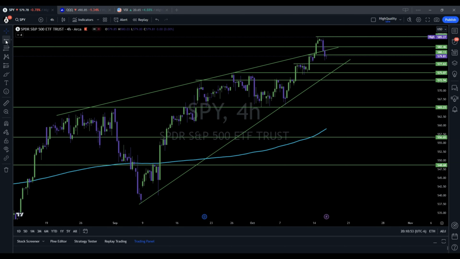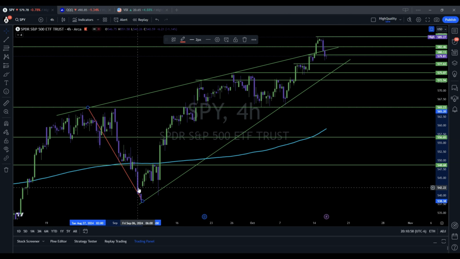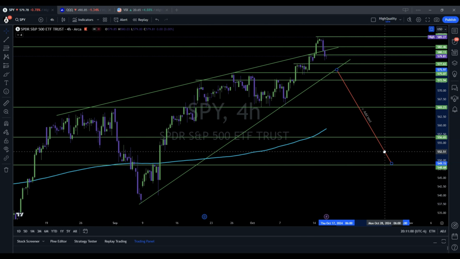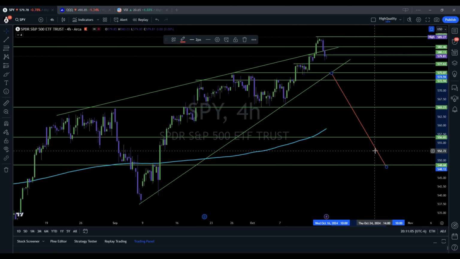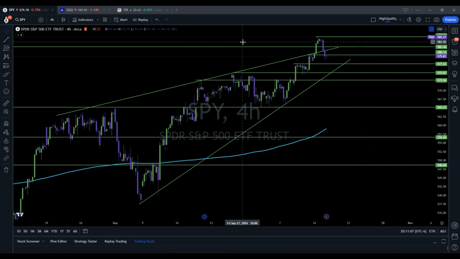Now if the SPY was to break out of this rising wedge pattern to the downside, this is ultimately signaling that the SPY could fall down to 548.68 in the coming days to weeks.